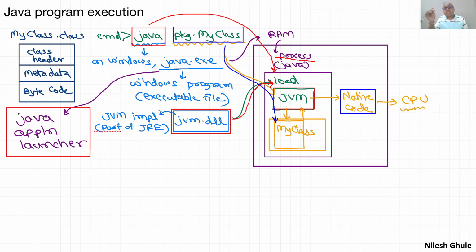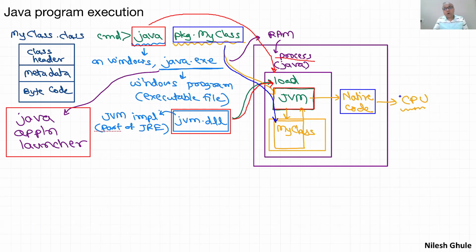And then the bytecode is converted into the native code by the JIT or interpreter, and then that is further given to the CPU. This is how the Java program execution works.